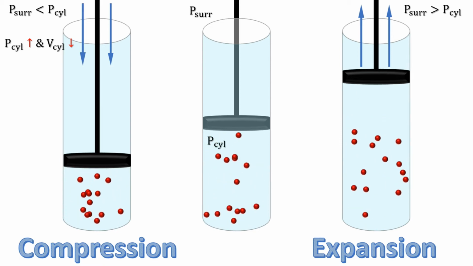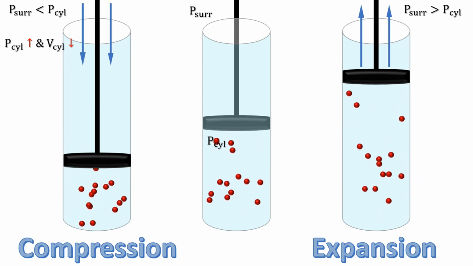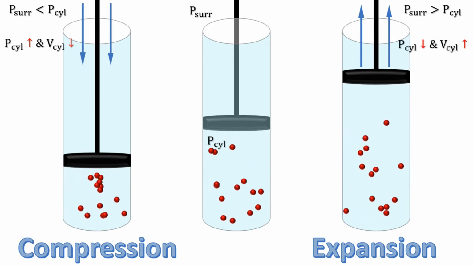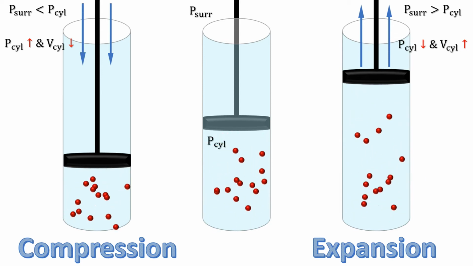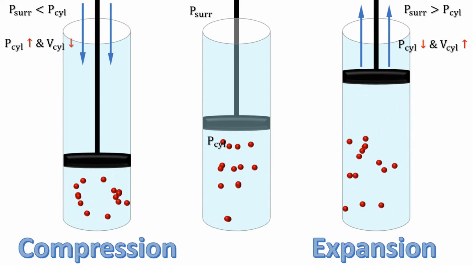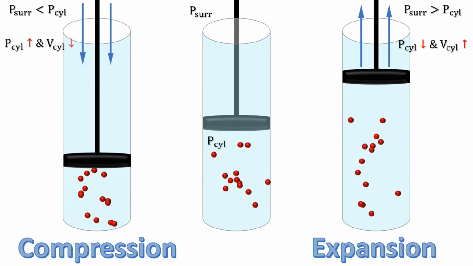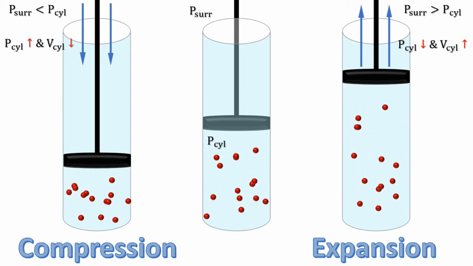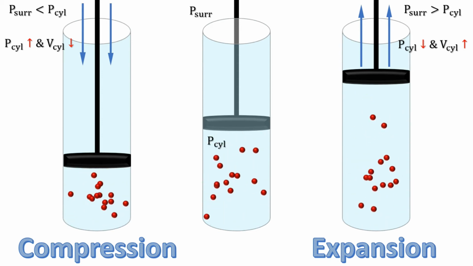So here the volume of the system has increased, but due to the piston being pulled outward, it has created a suction effect, a vacuum effect inside, that shows the lowering of the pressure. Now, by comparing both properties of compression and expansion, one can see that the volume inside the cylinder and the pressure of the cylinder are inversely proportional to each other.